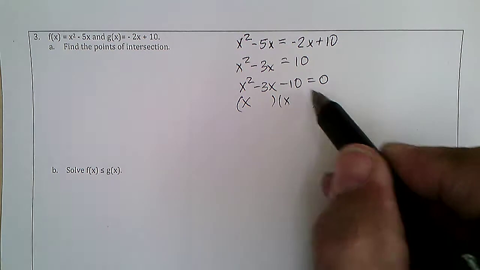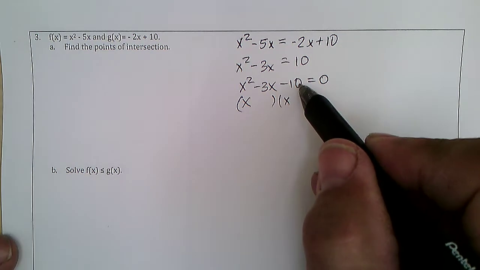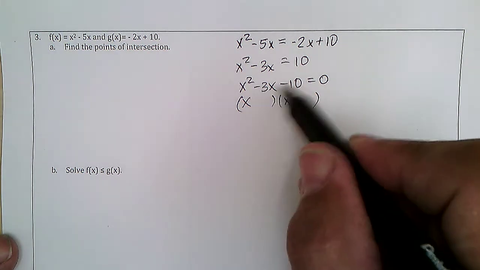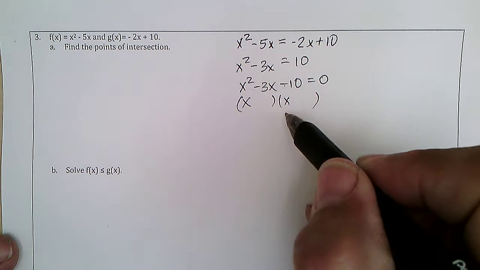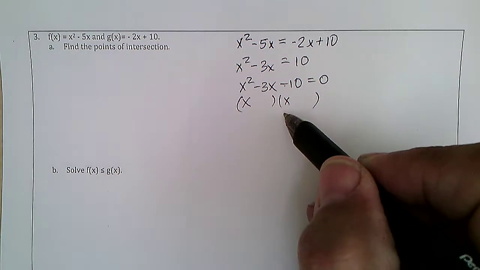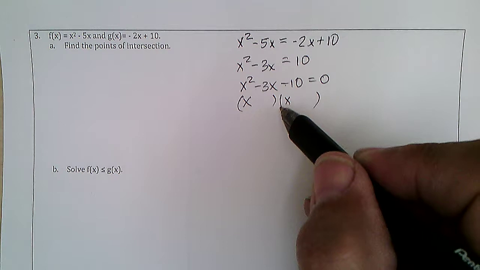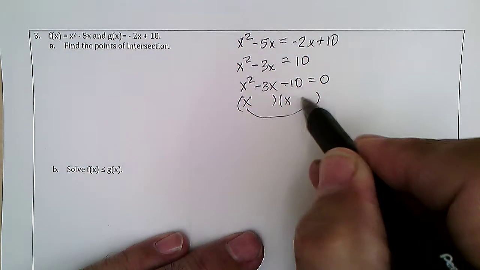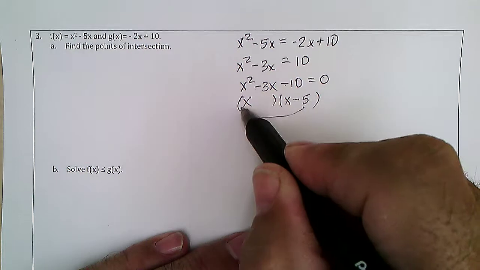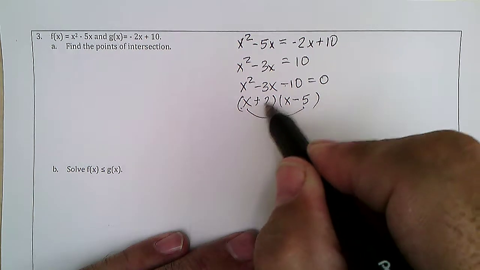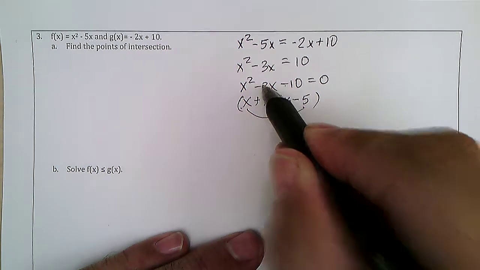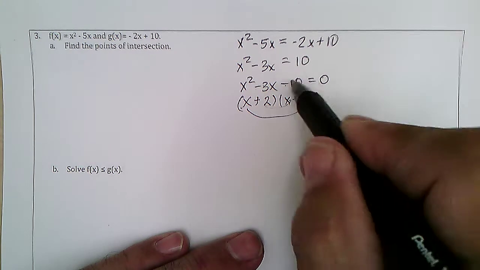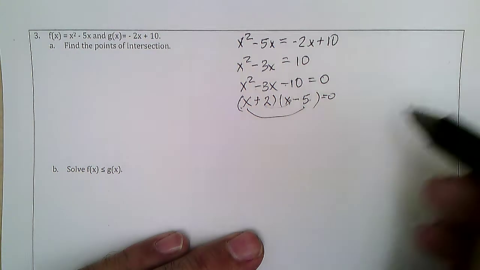X and x. It's either 1 and 10 or 2 and 5, and they got to subtract to be -3. 5 and 2 subtract. So the outsides we want to be -5x's plus 2x's to make -3, and this makes -10. So that's what it works out to be.